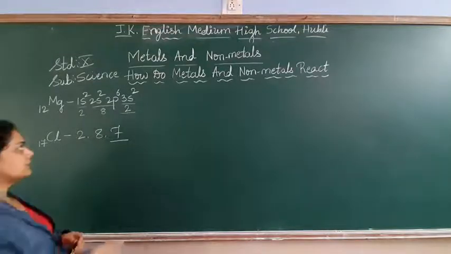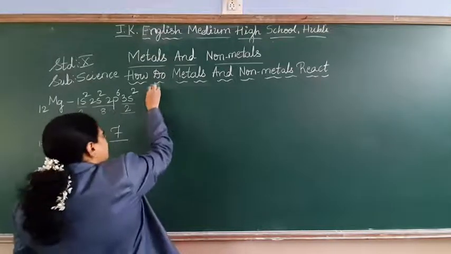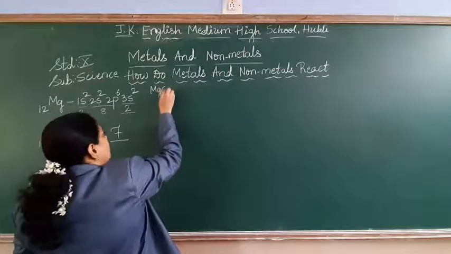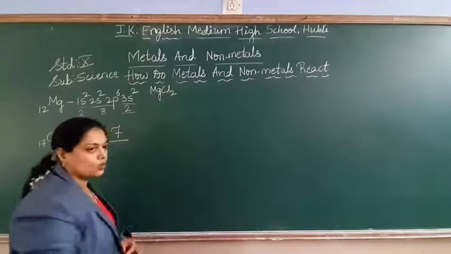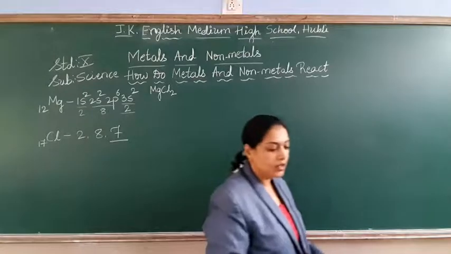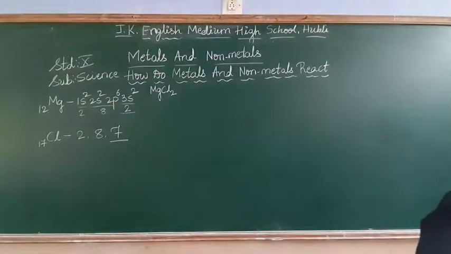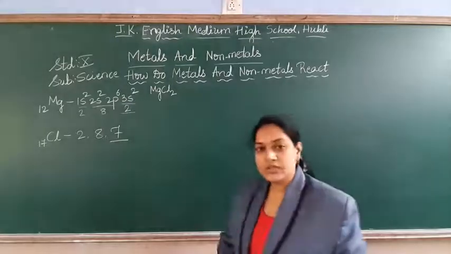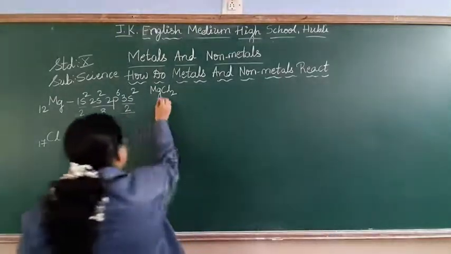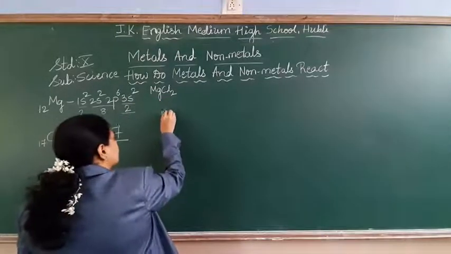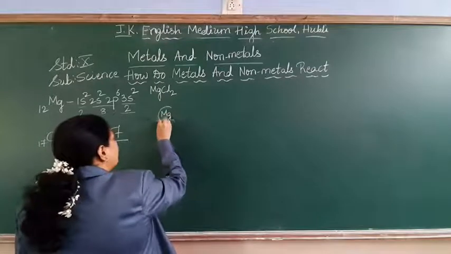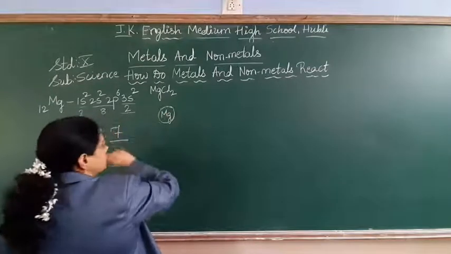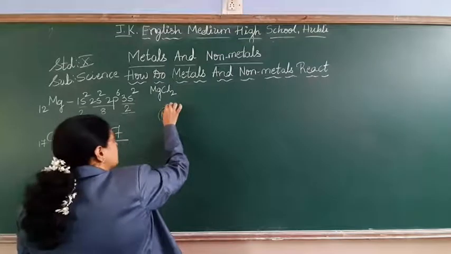Okay, right. If I am taking the compound magnesium chloride, MgCl2, how is the compound formed? Okay, take the magnesium. I will represent only the electrons in the outermost shell, students.